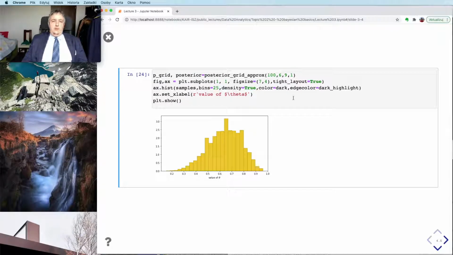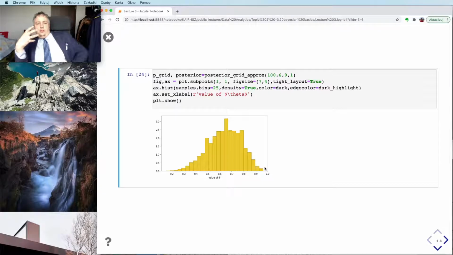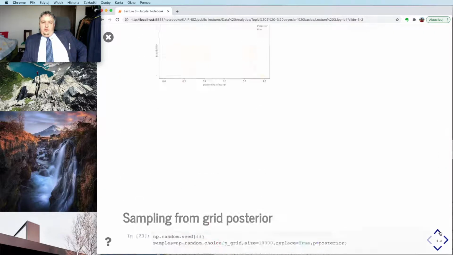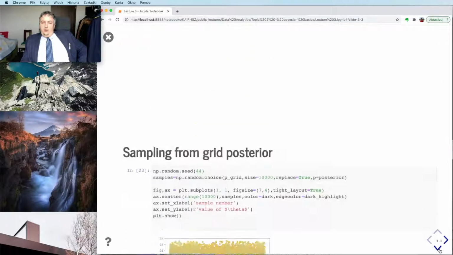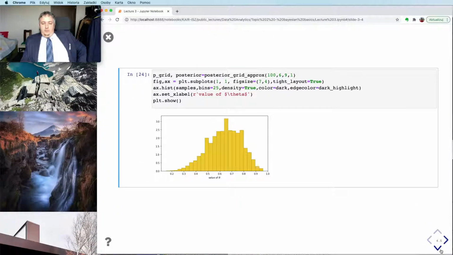Again, we use a density histogram with the density parameter, so we can consider it as a probability distribution. As we can see, the samples from the posterior are generally consistent with the posterior. The histogram is consistent with what we expected it to be.